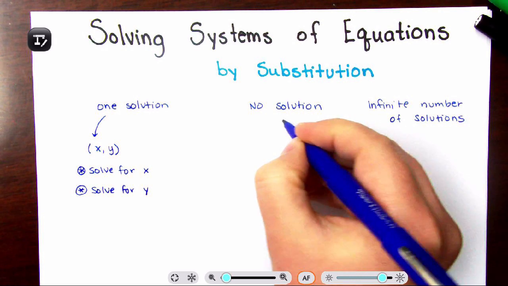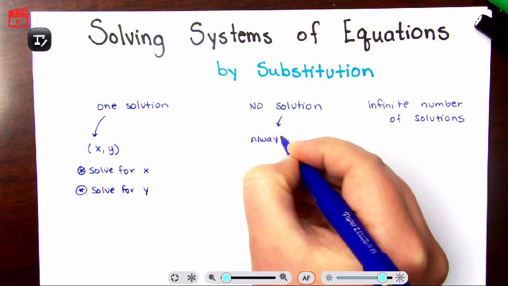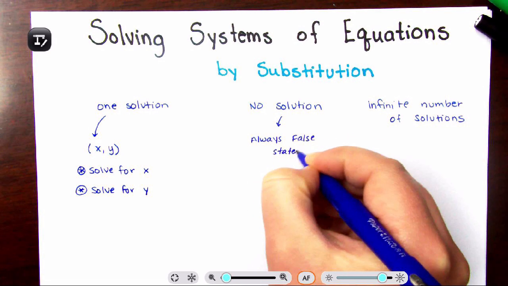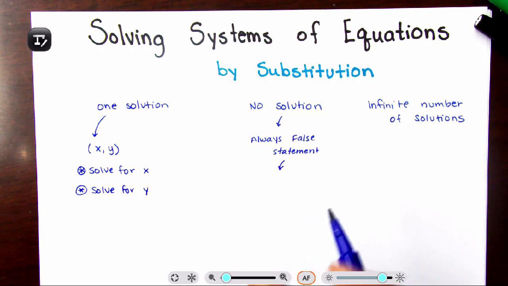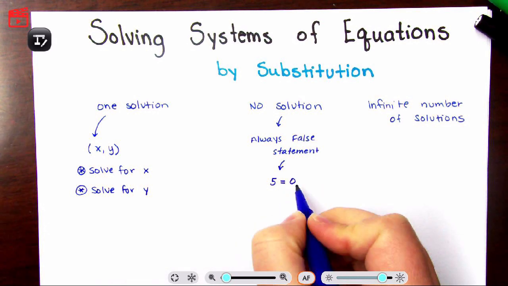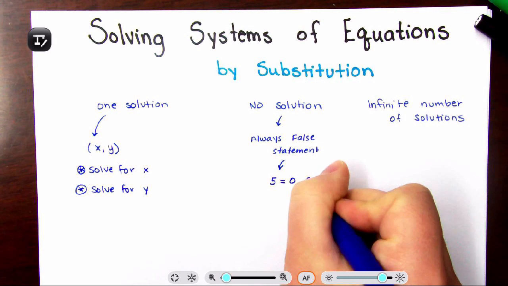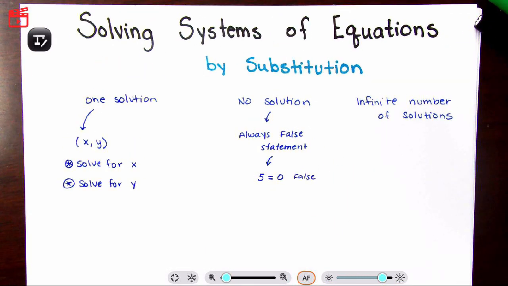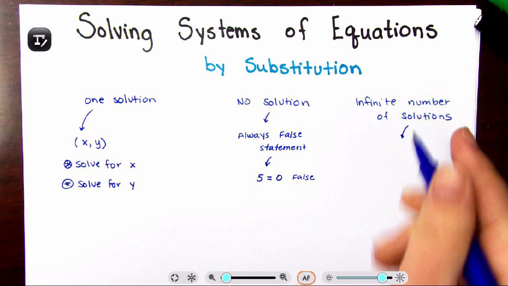Now, for your no solution, this gives you an always false statement. What that means is something that's always not true. For example, 5 is equal to 0. 5 is never equal to 0, so this is false. This will always be false, so that way you will have no solution. An infinite number of solutions is kind of the opposite of no solution.